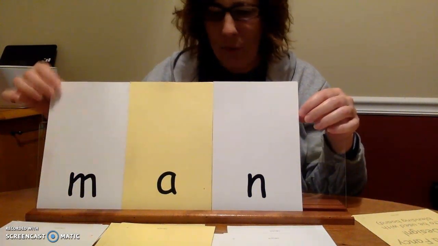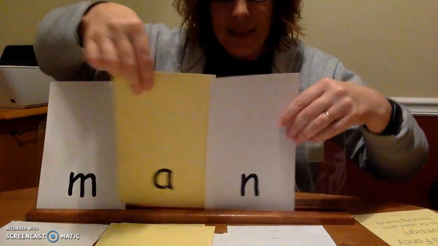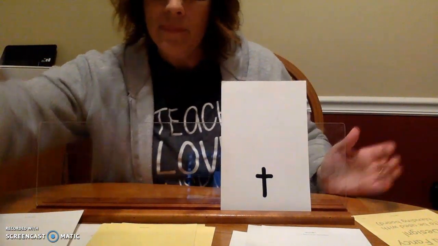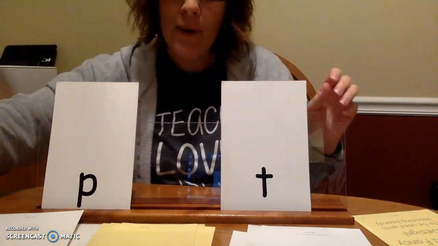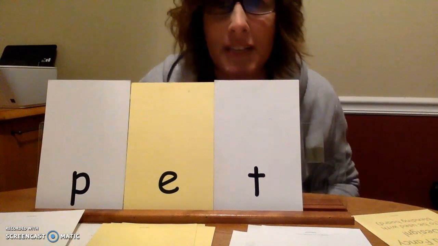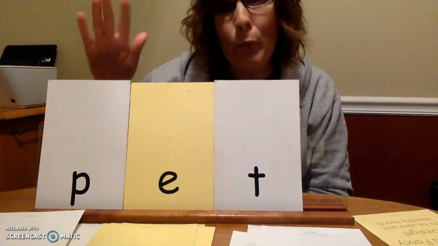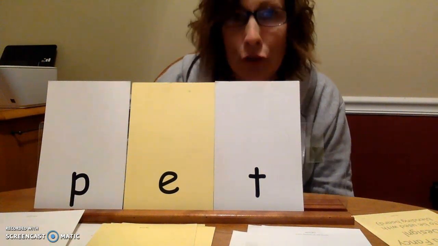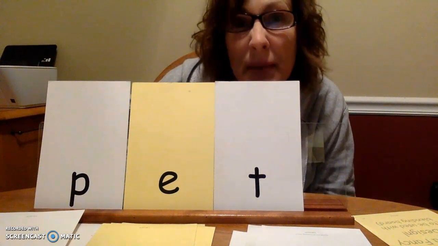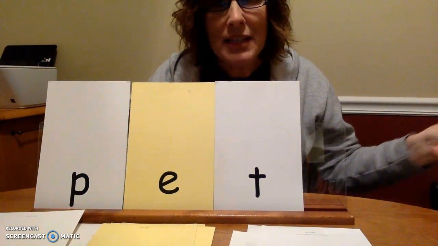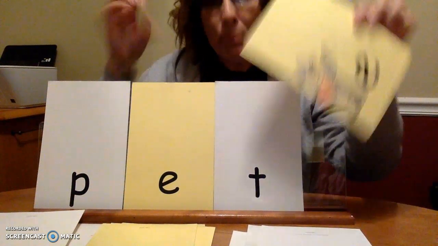All right, I want to try one more if I can find the letters quickly. Okay, let's try this last word. Stretch it with me, or blend it with me. Pet. Like your dog might be your pet. Your fish might be your pet. Your cow might be your pet. Cats, pigs. Let's see what happens when magic E comes along.